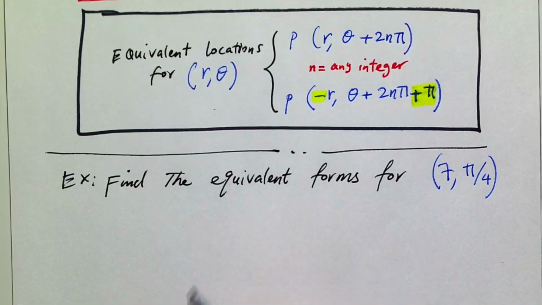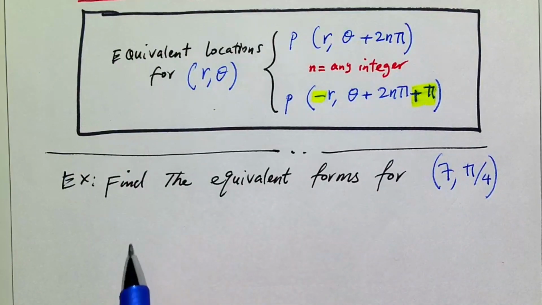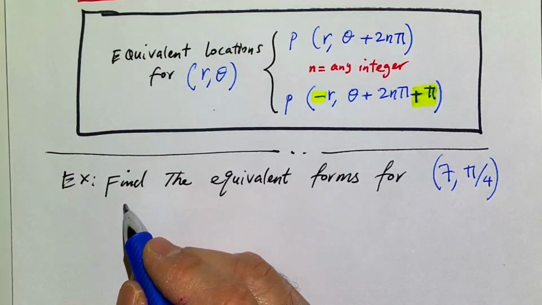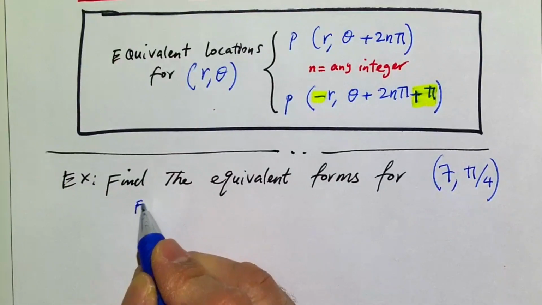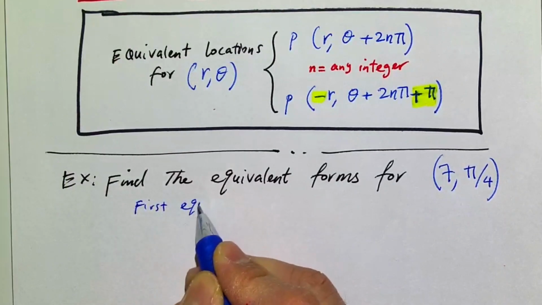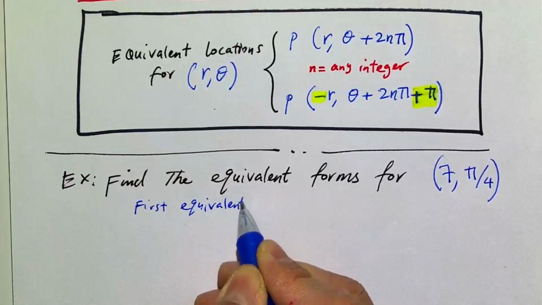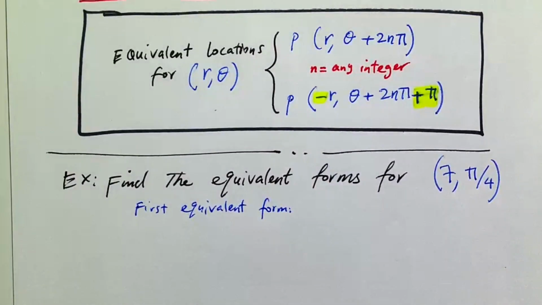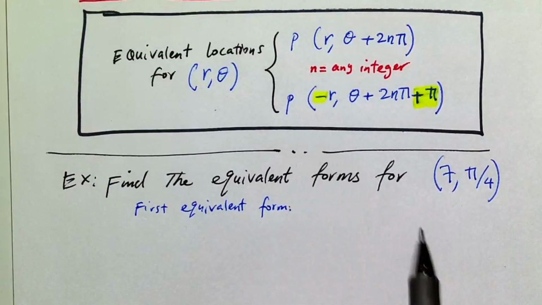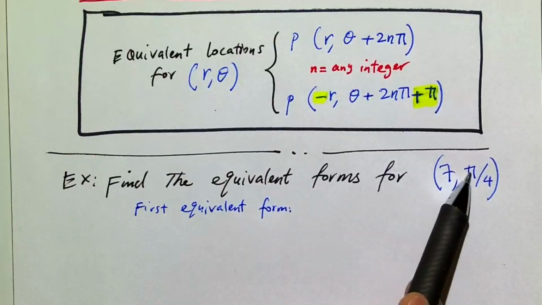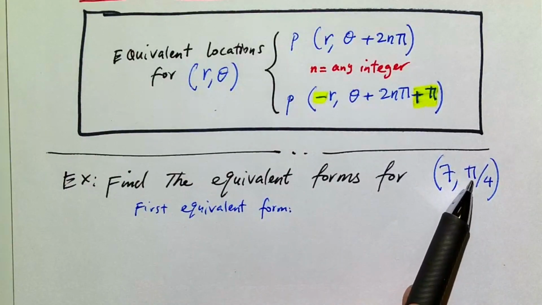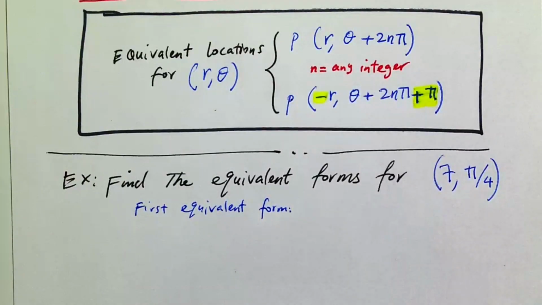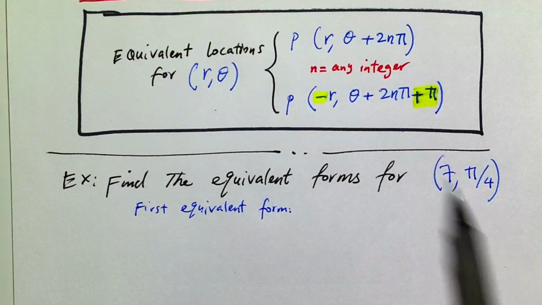So the first equivalent form: we take the same r, and then for the angle pi over 4, we can pick n to be any integer. Let's pick the easiest one, n equals 1.